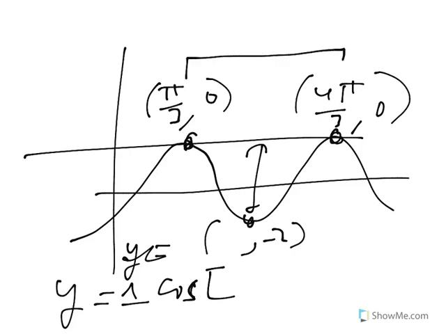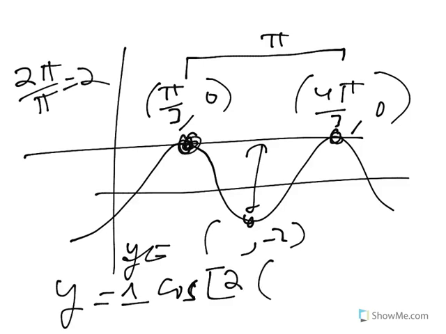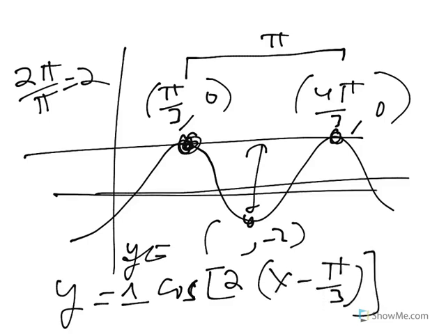Since the difference between 4 pi over 3 and pi over 3 is just pi, I can say 2 pi over pi equals 2, and that's going to be my number here. And since the starting point is at pi over 3, to the right, we say x minus pi over 3, and the middle line is down here at -1. So we can go backwards also. If we're using radians, we can answer the same sorts of questions we could before, but sometimes pi's are involved.